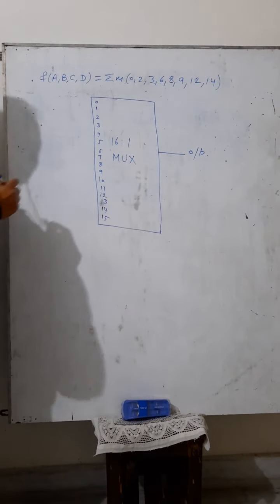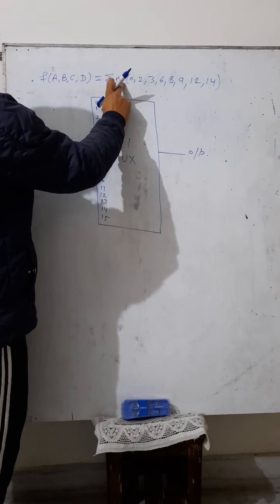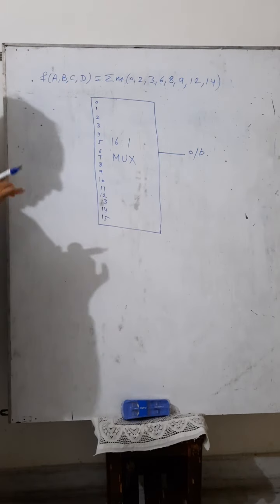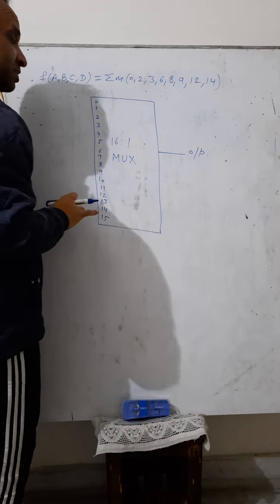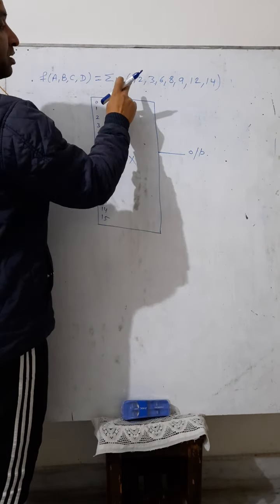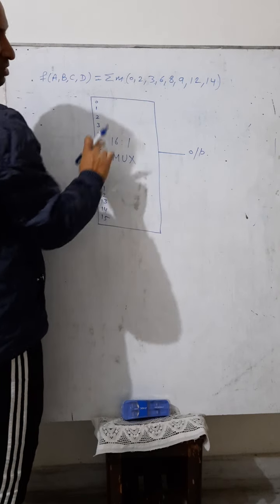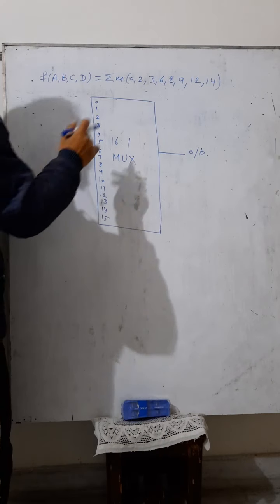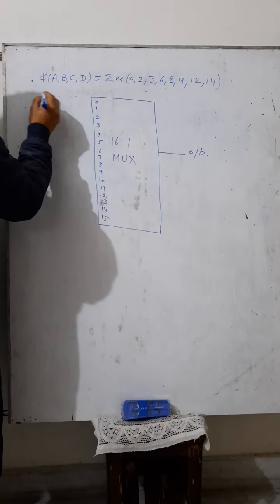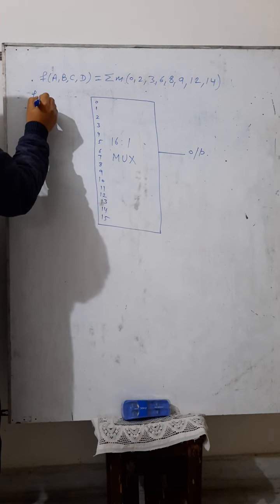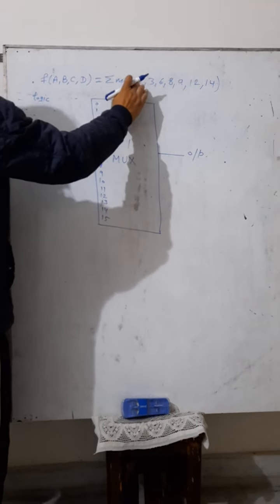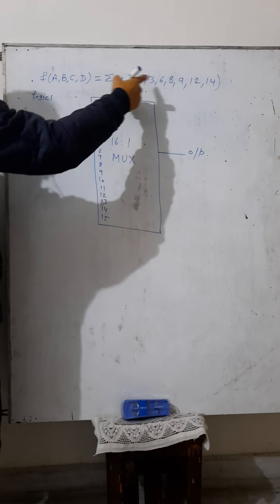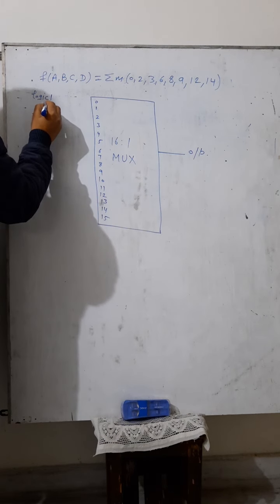Now here summation small m is equal to, in bracket, 0, 2, 3. It means there are product terms, technically we say min terms. So whichever decimal equivalents are given, we connect those inputs to logic 1.